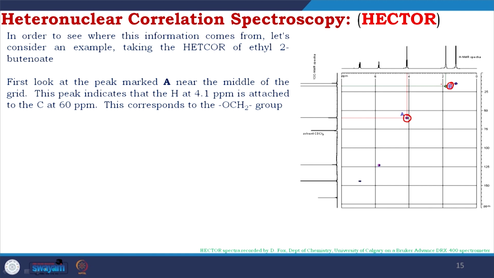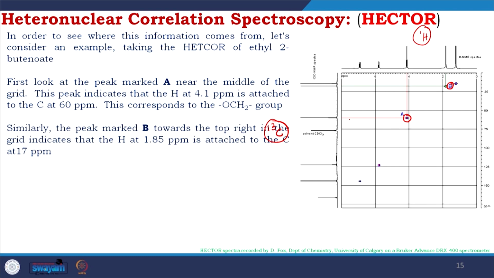This peak indicates that the hydrogen at 4.1, if you see hydrogen here and 13C here, is around 4.1 and attached to the carbon at around 60 ppm. This corresponds to the OCH2 group.